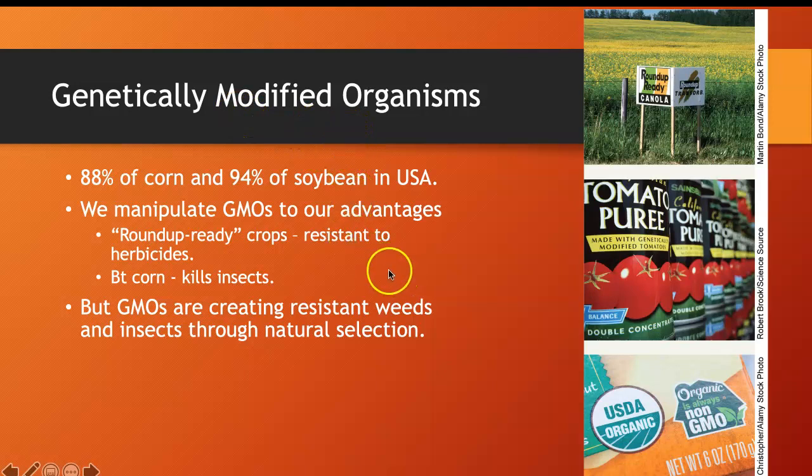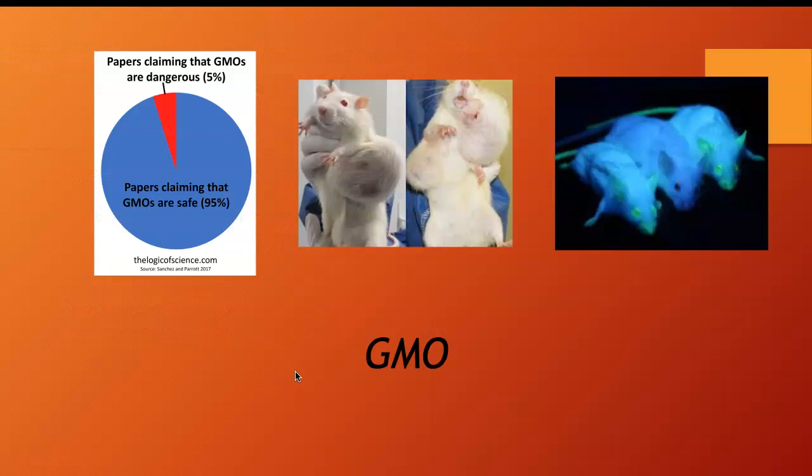We build some super crops to combat the pests, also resistant to herbicides. But GMOs are creating resistant weeds and insects through natural selection. Some scientific research says GMO is harmful, but the majority say they are safe.